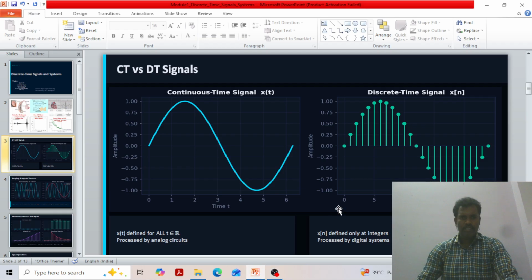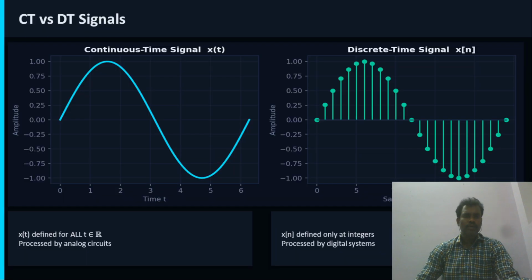Now let us move on to the basic concept, the difference between continuous time signal and discrete time signal. Before this, let's clarify one thing. We are discussing mainly only one-dimensional signals in this study.